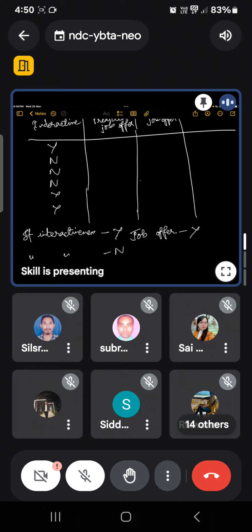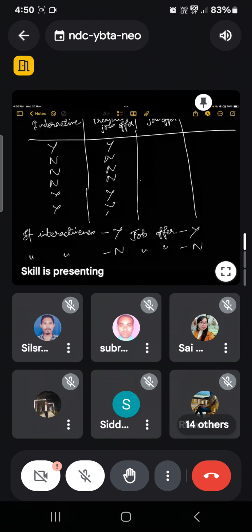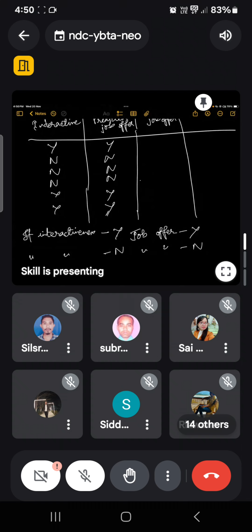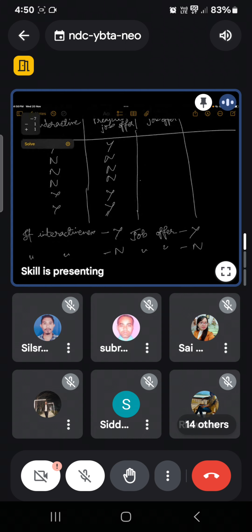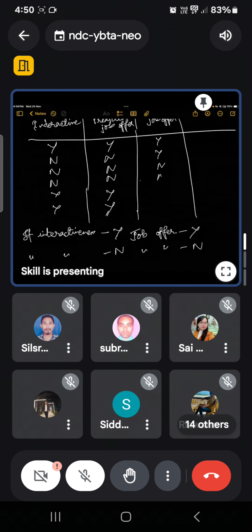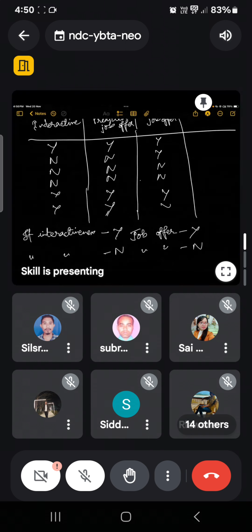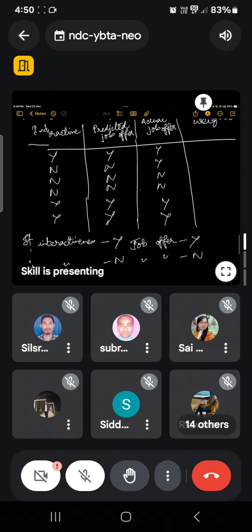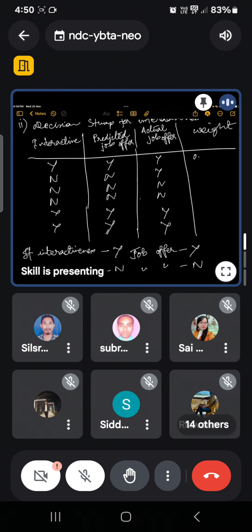If interactiveness is no, then the job offer will be no. The actual job offer is as it is, and our weight is from the previous calculation.